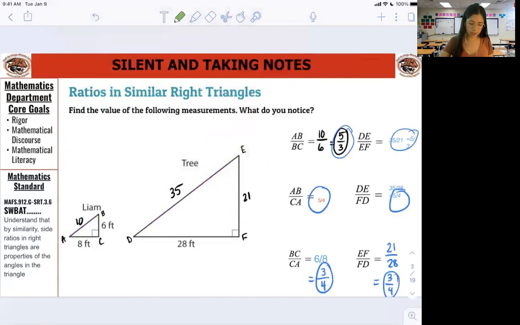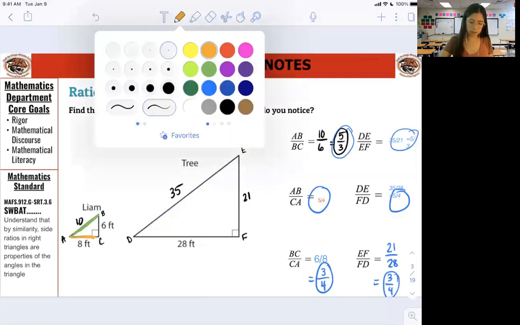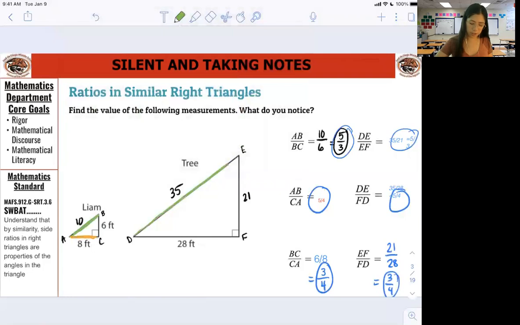In the second row, now I'm doing AB over CA, so AB is the hypotenuse again, but this time over the longer leg. Same thing with the other triangle, DE over DF, or FD. Hypotenuse over the longer leg.